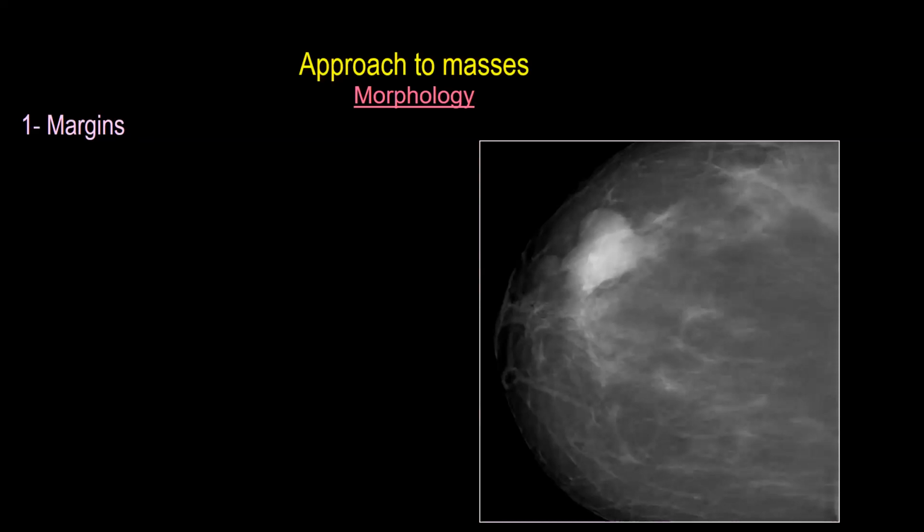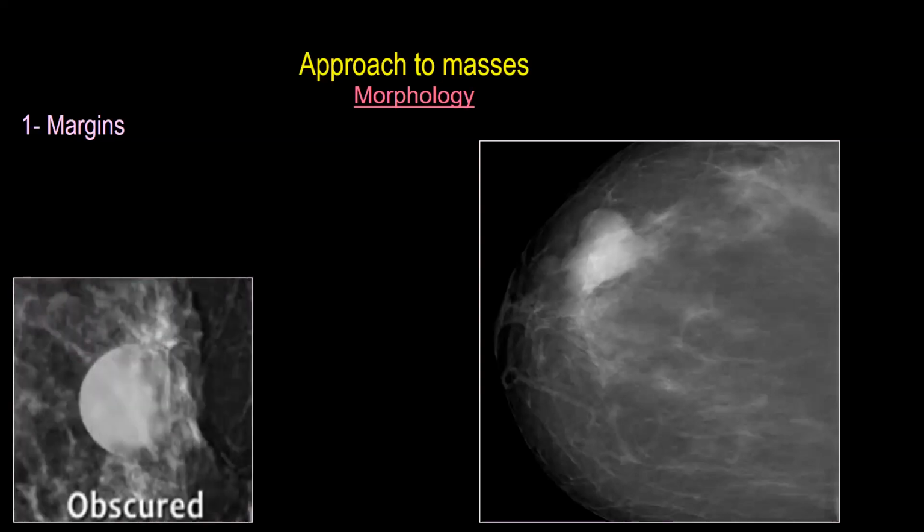Obscured, excellent. Because if we collect this portion and this portion here, it represents 25% or more, and the remainder is circumscribed. So again, usually we proceed directly to ultrasound to further characterize the mass.